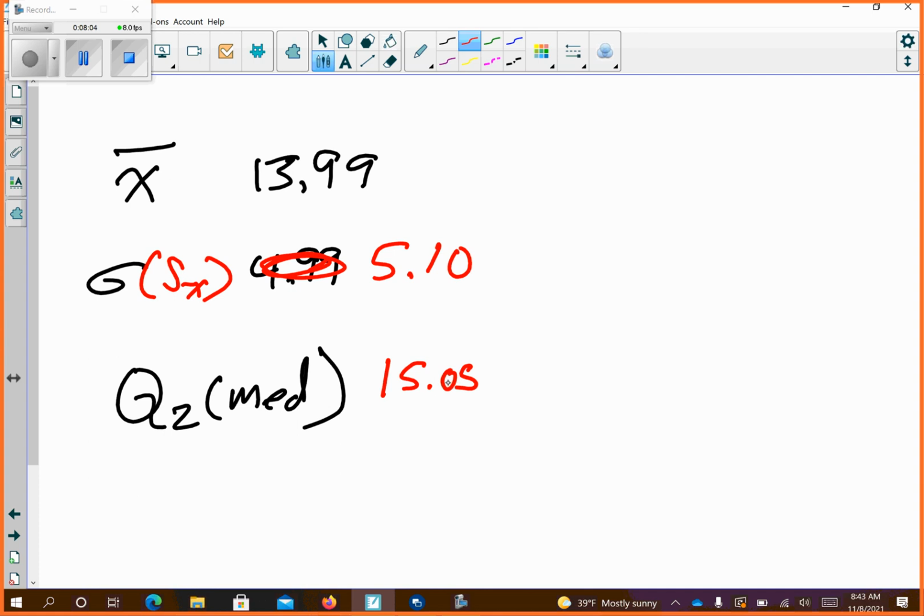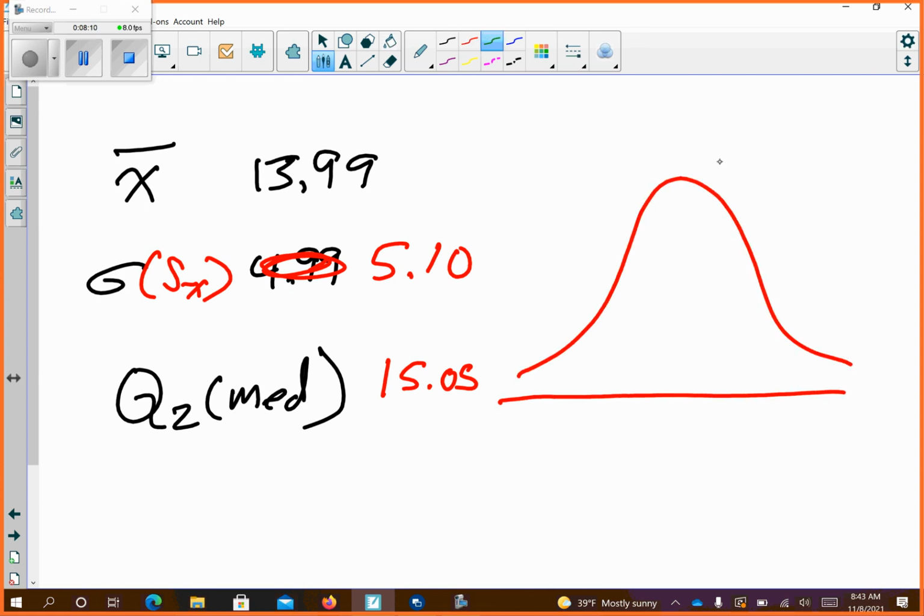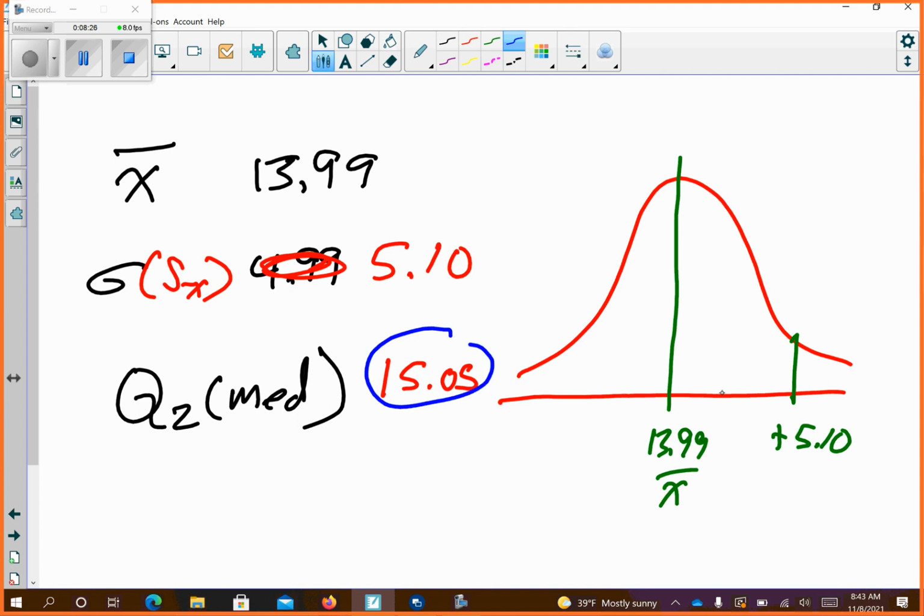Okay, so think about what this normal curve would look like. Right here is 13.99 as the mean. Agree? The standard deviation would be one over, so we'd add plus 5.10 to get here. But then they say, hey, we have 15.05, so 15.05 is our median.